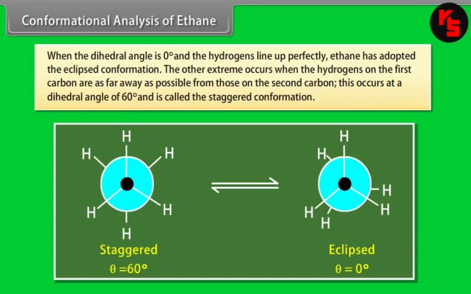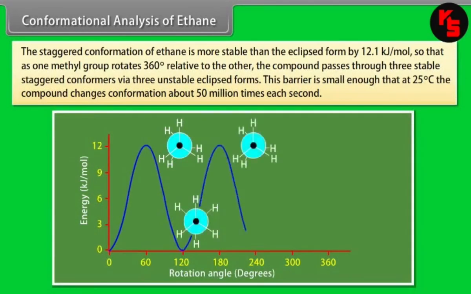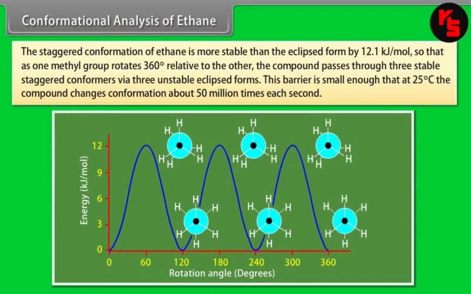This occurs at a dihedral angle of 60 degrees and is called the staggered conformation. The staggered conformation of ethane is more stable than the eclipsed form by 12.1 kJ per mole, so as one methyl group rotates 360 degrees relative to the other, the compound passes through three stable staggered conformers via three unstable eclipsed forms. This barrier is small enough that at 25 degrees Celsius, the compound changes conformation about 50 million times each second.